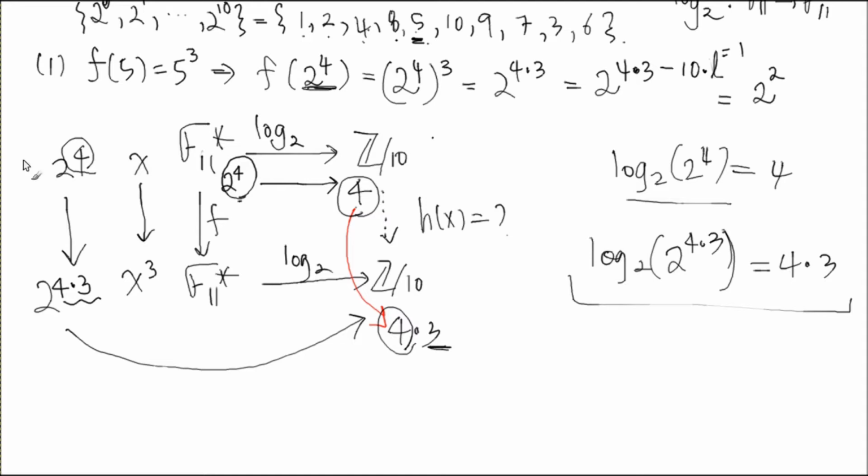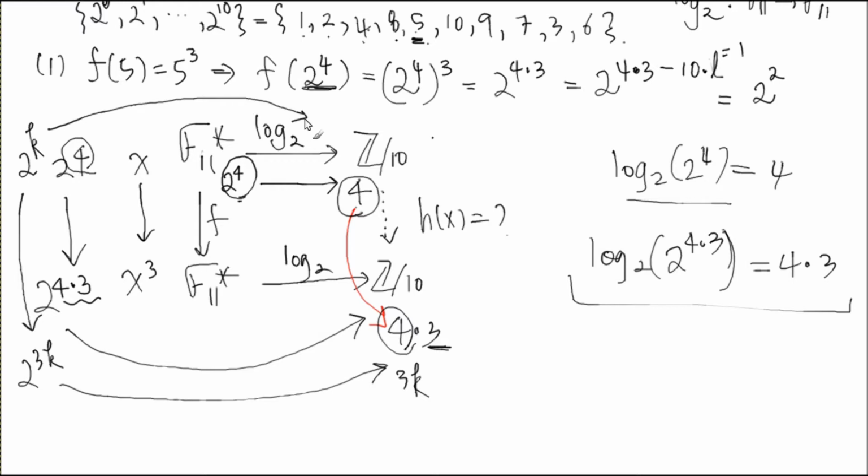So if I start with, in general, 2 to the k, 2 to the k represents every element in F11 star. Is that right? So what happens if you go through this vertical map? Raised to the third power, isn't that just 3 times k? So if you go across this map, the exponent is 3 times k, right? What happens if you go across this horizontal map? What happens to the k?